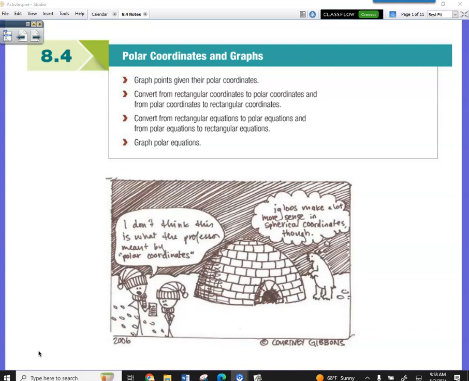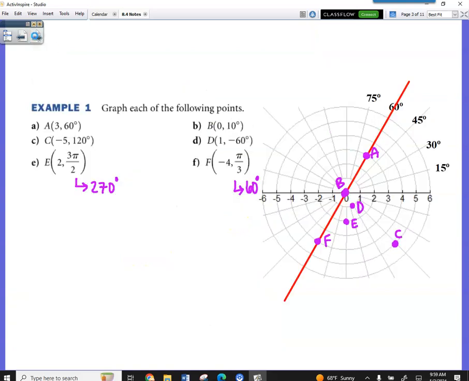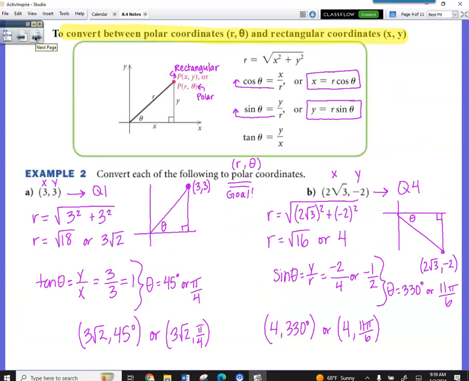Alright. We're looking at polar equations and rectangular equations. So yesterday we practiced first plotting polar points. Then we practiced converting from rectangular points to polar points.